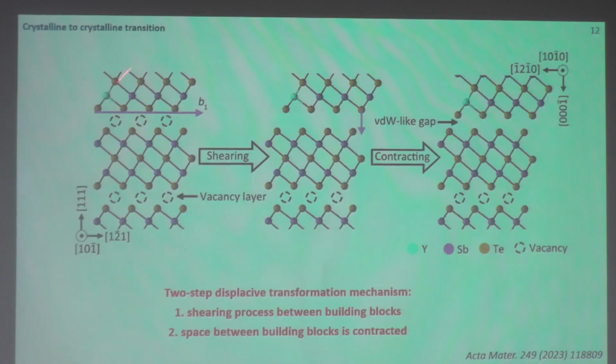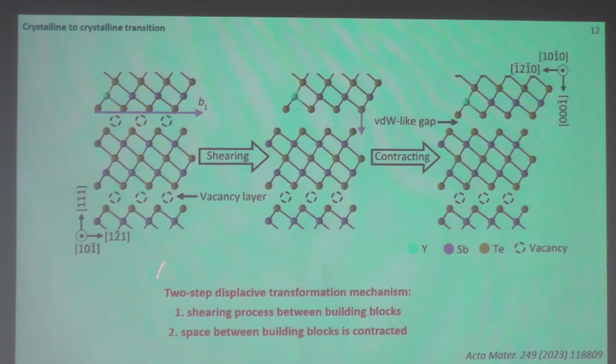In antimony telluride we can also have two vacancy ordered phases, and if you use DFT calculations and try to shear these blocks, the antimony telluride consists, as you know, of building blocks, quintuple layers, with a vacancy layer in between, and if you make the shearing of the blocks, then they can transform from one phase to another phase.